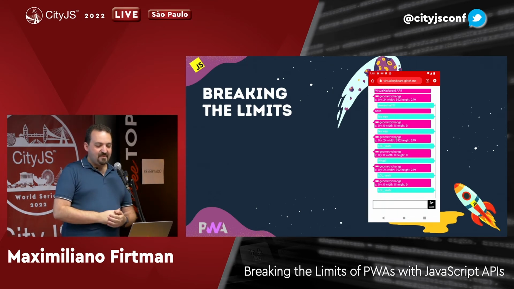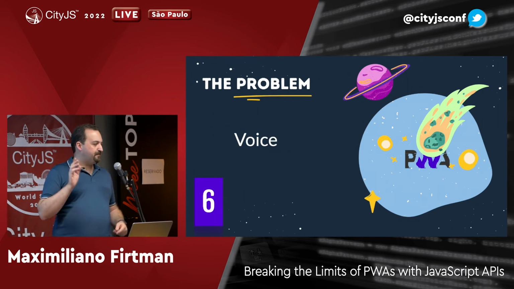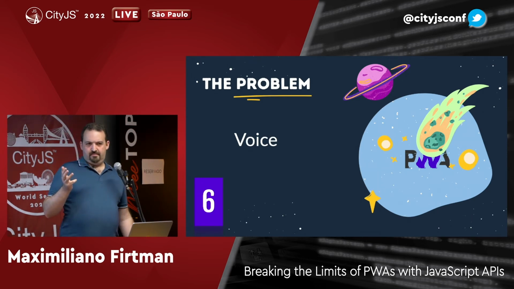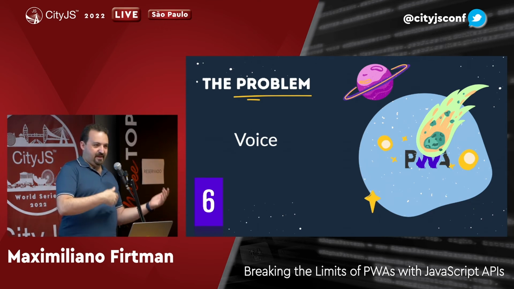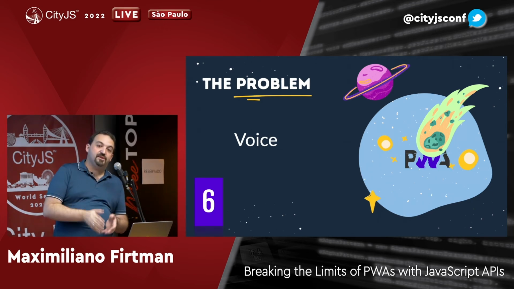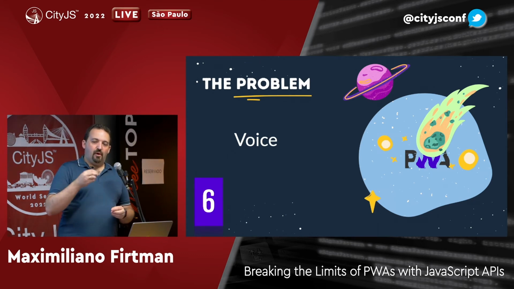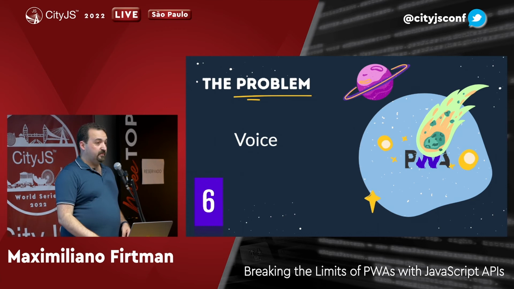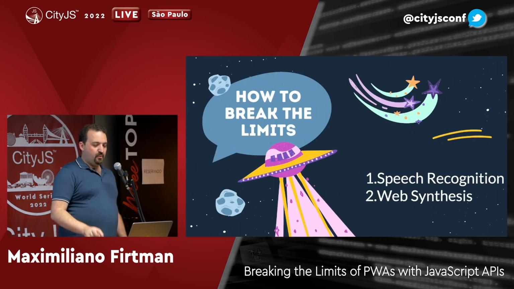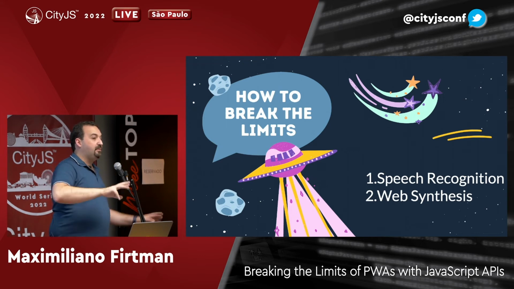Okay? So that's the keyboard, okay? So voice. The web is typically text-based, okay? So we have text, we read text, we ask the user to type text. But today we can also work with the voice. And for that, we have two APIs that are actually not new, but today they are available everywhere.